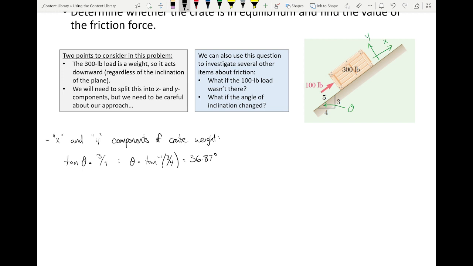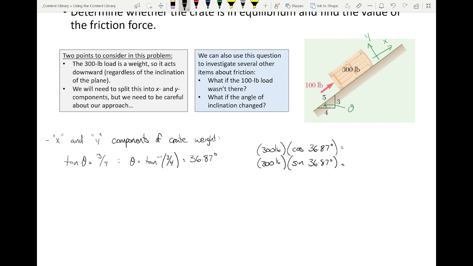Okay, so if I take 300 pounds times the cosine of 36.87 degrees and 300 pounds times the sine of 36.87 degrees. So what do we get for the first one?